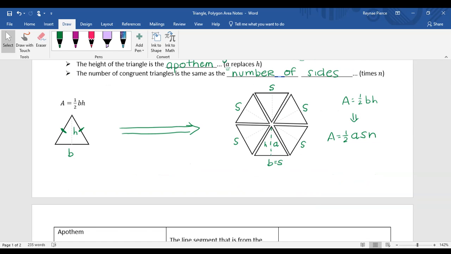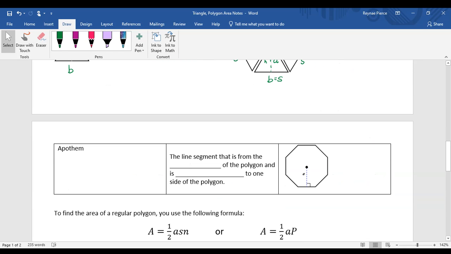Now, the apothem goes from the center of the polygon, and it is perpendicular to one side, just like the height is perpendicular to the base.